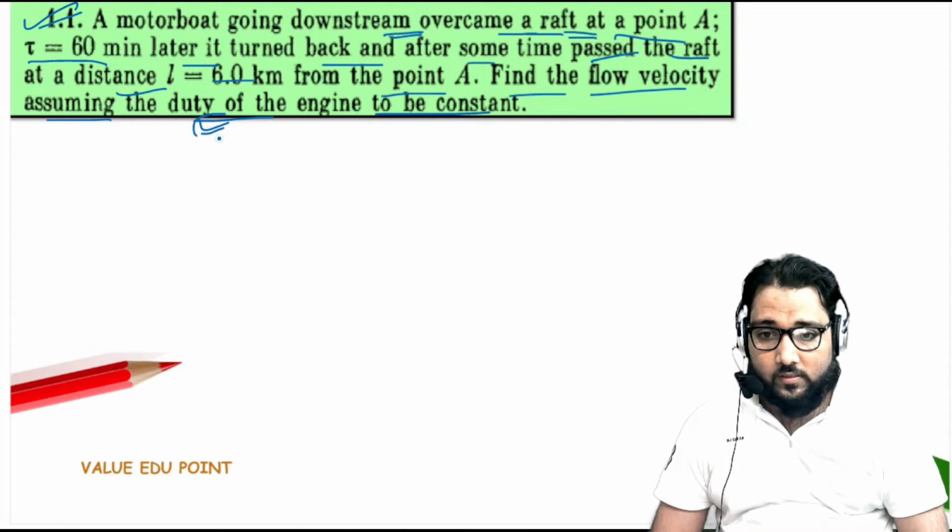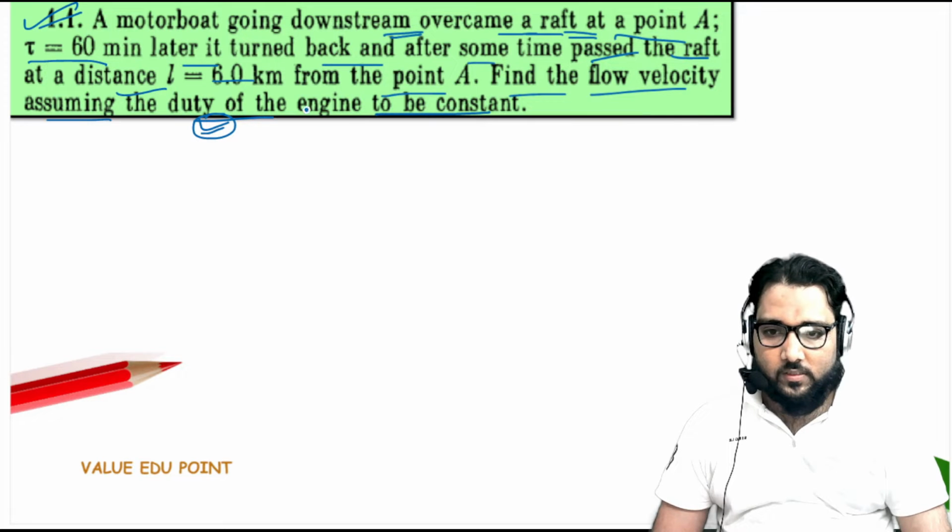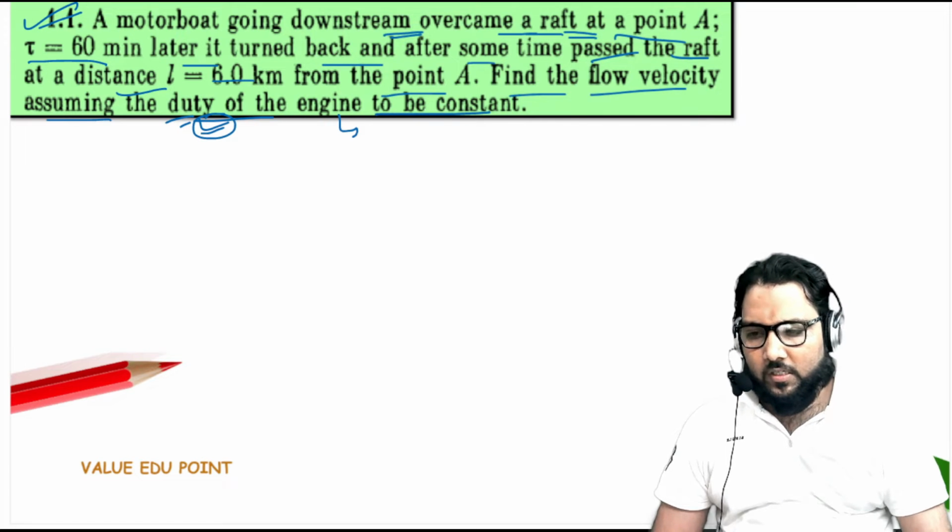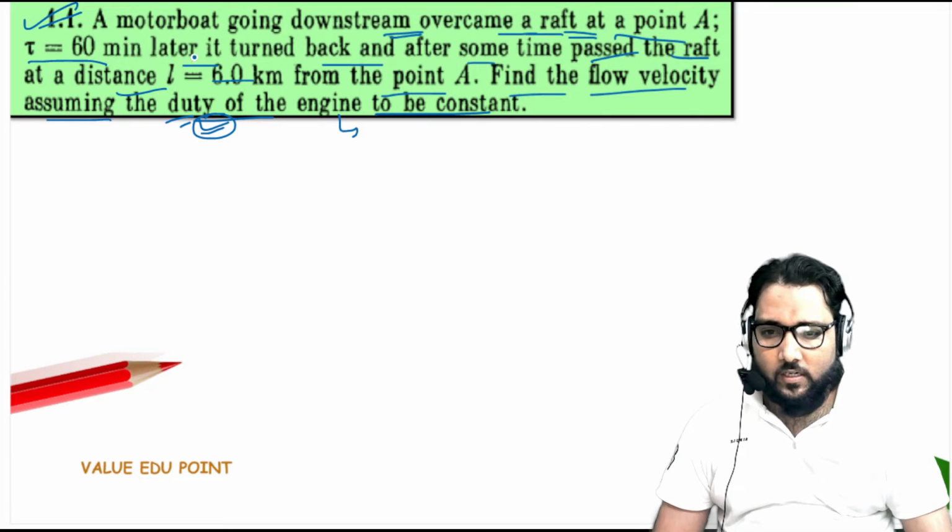It means the velocity is kept constant. The meaning of this line is not so important for us. We are approaching the equation directly.